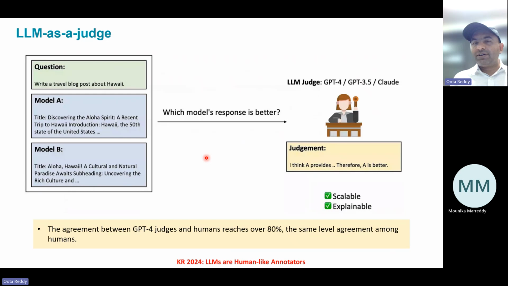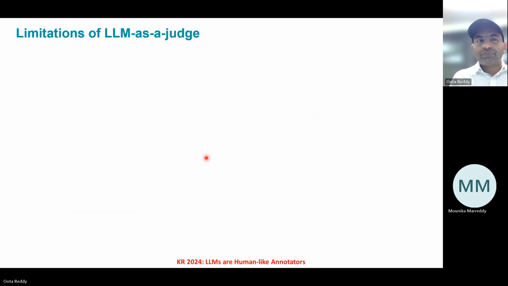The agreement between GPT-4 judges and humans reaches over 80%, the same level of agreement among humans. So when they use an LLM as a judge and compare with humans, the agreement almost matches, around 80%. Even among humans there is 80% agreement, and GPT-4 has a similar level of agreement with humans.